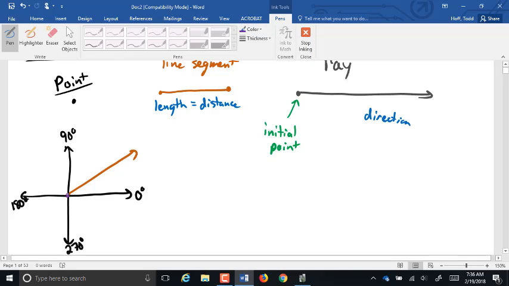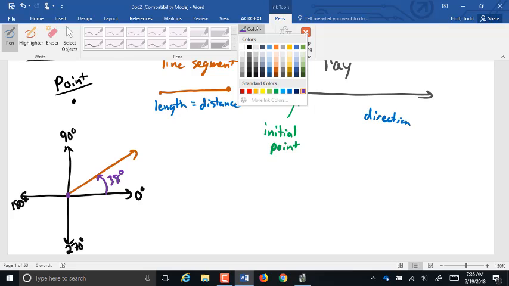So obviously that starting point of our ray is at the center of that grid. We can see that this ray is between 0 and 90 degrees. Looking at it, let's just say that it's at 38 degrees. So that ray starts at that point and goes in a direction of 38 degrees. Why is that important?